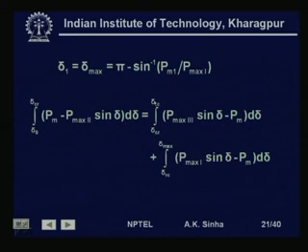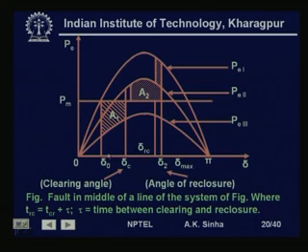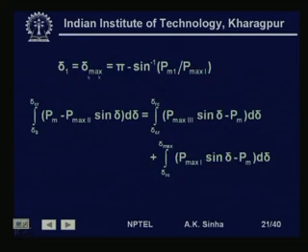So, again we can calculate that in this case delta 1 is equal to delta max, that is pi minus delta max. Here this delta max which is available will be here now, and so in this case this will be equal to pi minus delta 0 as such.